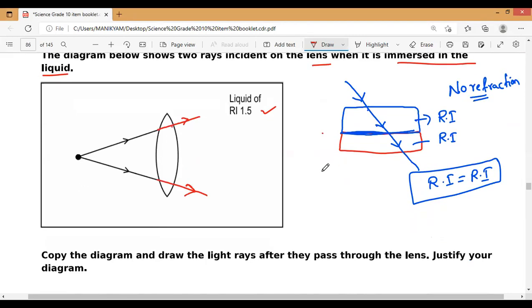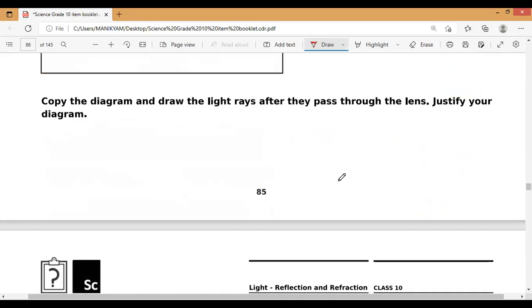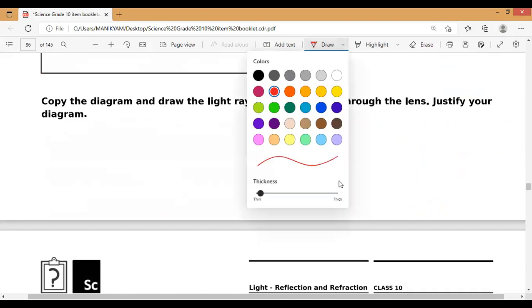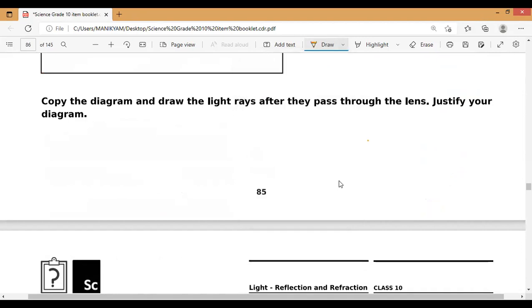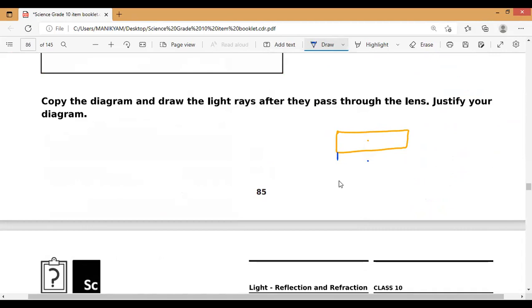Now, one more thing. Even with different refractive indices, still no refraction will take place. Anybody tell me the case? Let me take this one medium and this another medium, and this is the interface.